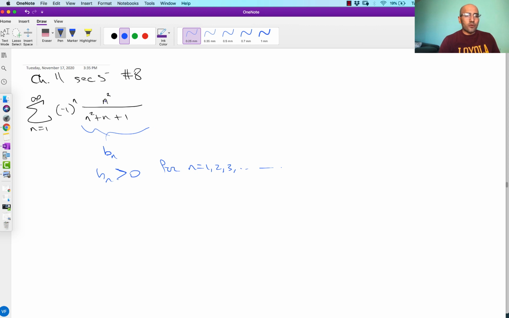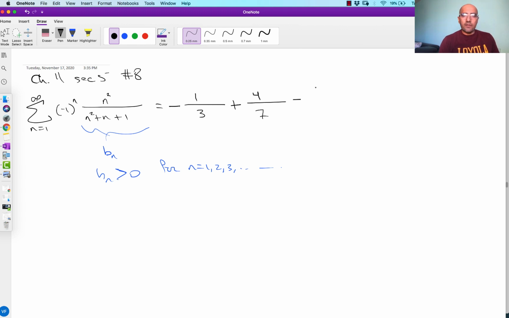Okay, we can also write down the first few values of this list. When n equals 1, we start off with a minus, and we end up with a 1 in the numerator, and 1 plus 1 plus 1, which will be 1/3. Then plus, when n equals 2, we end up with a 4 in the numerator, and 4 plus 2 plus 1, which is 7, in the denominator.